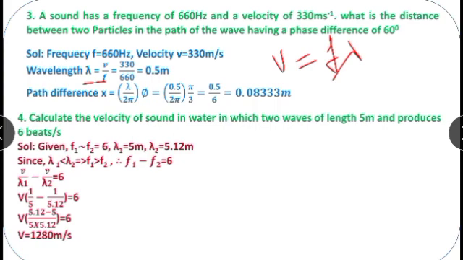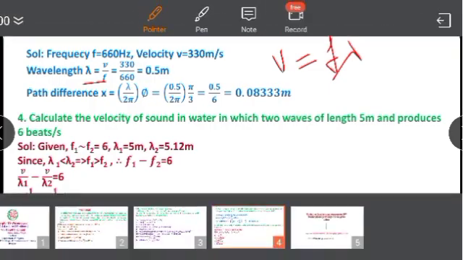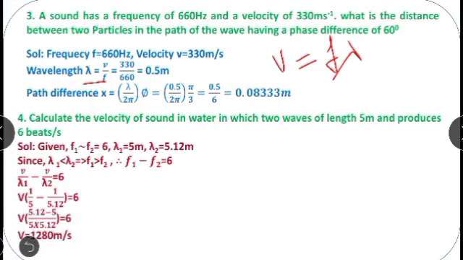So we know from the equation what we come to know here: lambda 2 is 5.12 meter. So lambda 2 is a given value, lambda 1 is also given.